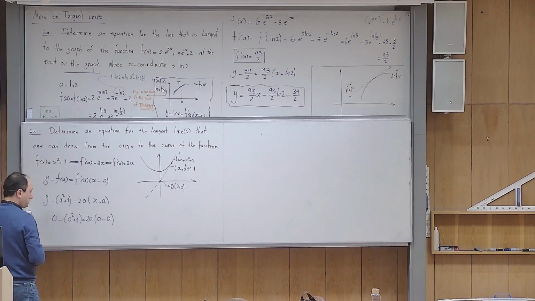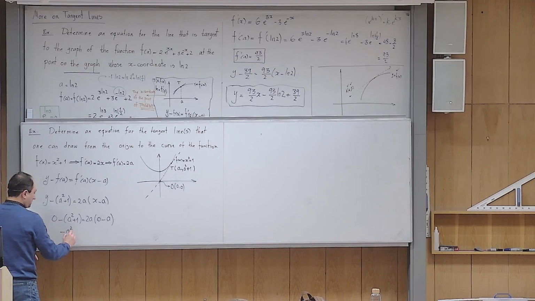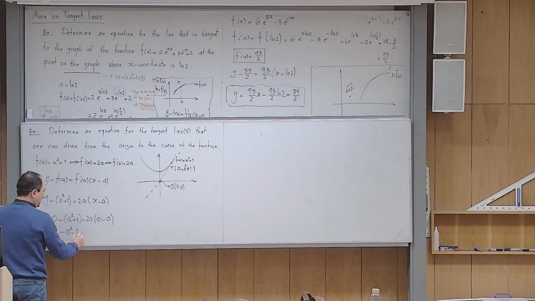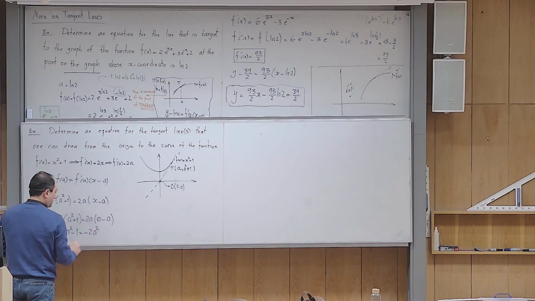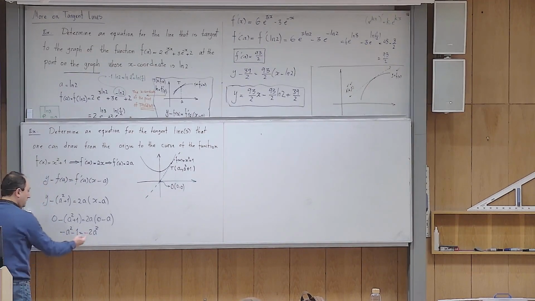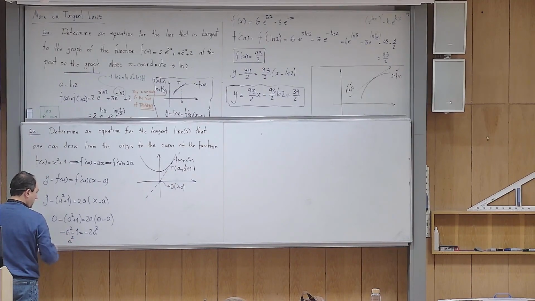I solve the equation. This 0, this becomes minus a squared minus 1. Here it's minus a. I multiply it here, it becomes minus 2a squared. Okay, I move this to the other side, it becomes positive a squared. I move 1 to the other side, it becomes 1.